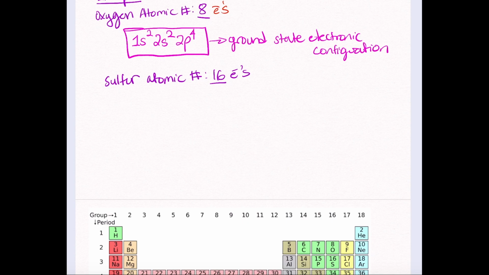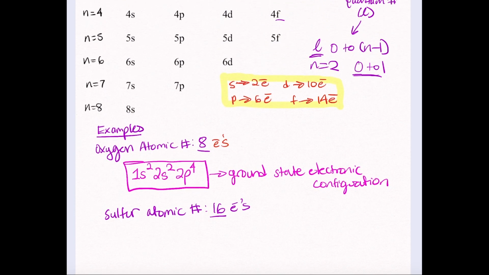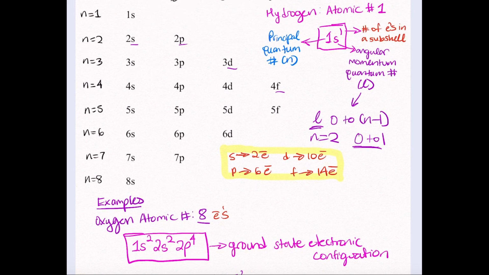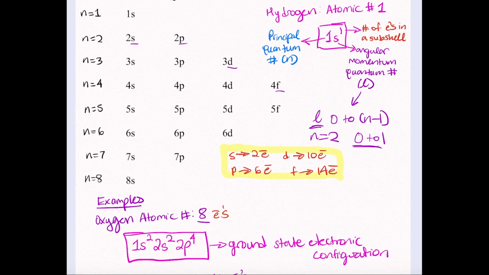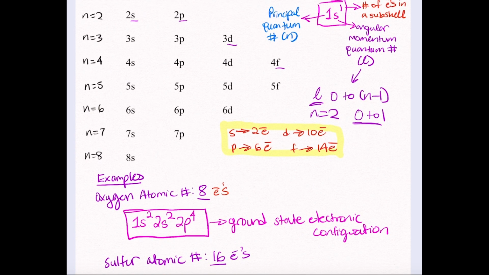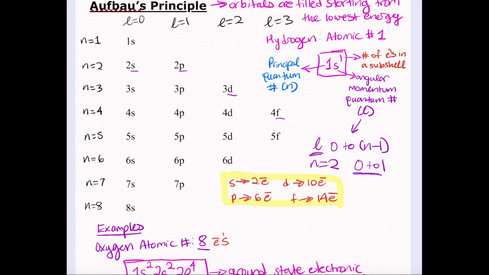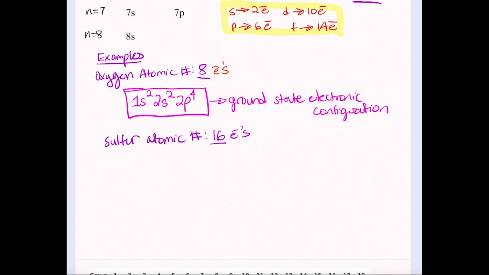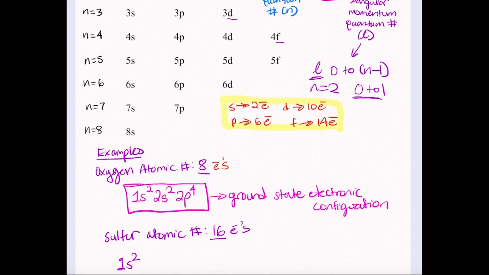So using Aufbau's principle, like we know already, it's going to fill 1s, 2s, and 2p. So we're going to follow this diagram here. So it's going to be filled 1, 2, 3. We're going to follow it. So first it's going to fill 1s2. All right, so now we have 14 more electrons to fill up.